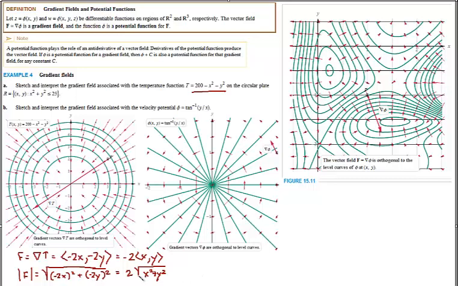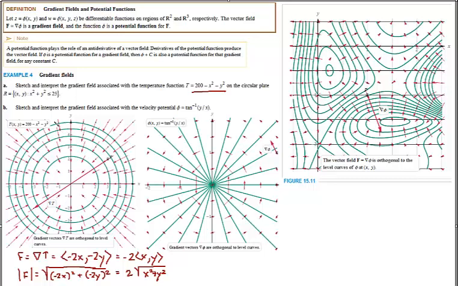So the magnitudes of these vectors are greatest along the edges. Now what we are showing is the gradient field F, the gradient of T. Notice how the magnitude is greatest along the edges.